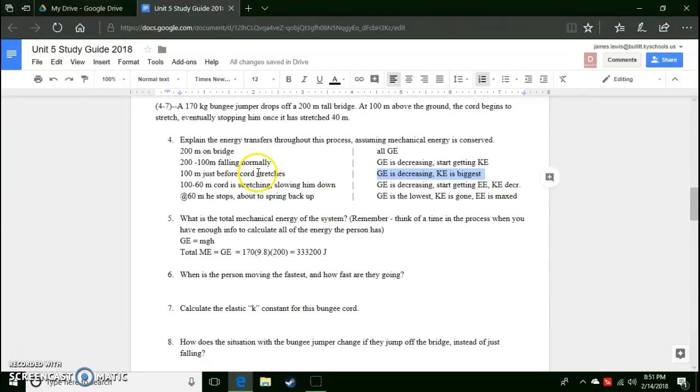It's right before the cord starts stretching. And how fast are they going? Here's how we can know that. The GE and the KE in this part must 100% add up to our total mechanical energy. That's what conservation is. I'm going to keep saying that over and over. It is conserved, which means the number stays the same. So it's going to be at the 100 meter mark.